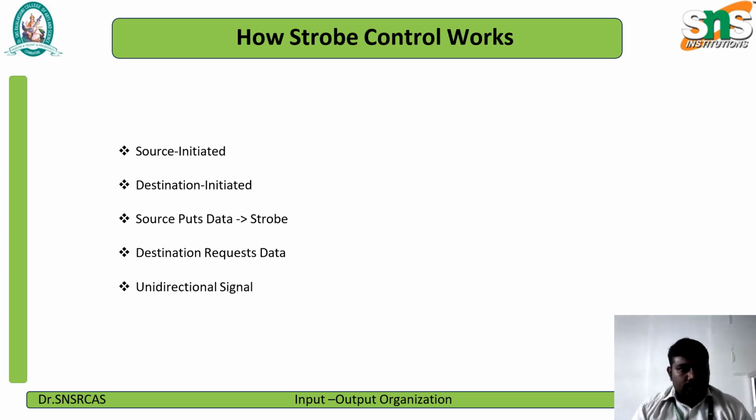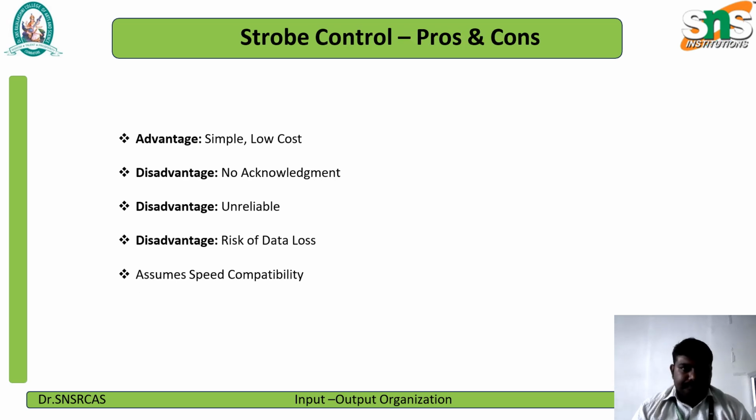And how does strobe control work? There are more than one type. For example, the types are source initiated, destination initiated, and the source puts the data with the strobe signal, and the notification tells you where the data is placed. Strobe control has advantages and disadvantages.